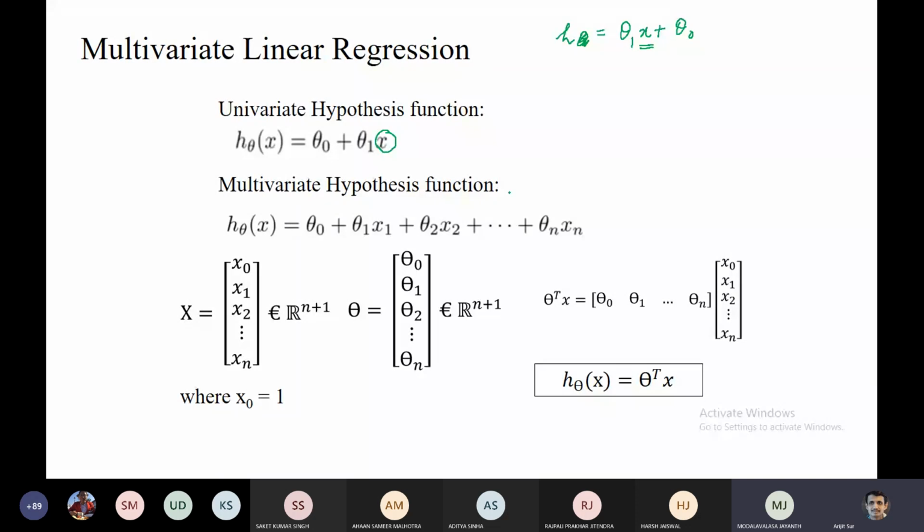Now it may be possible that we get a multivariate one, like x1, x2, and so on up to xn.